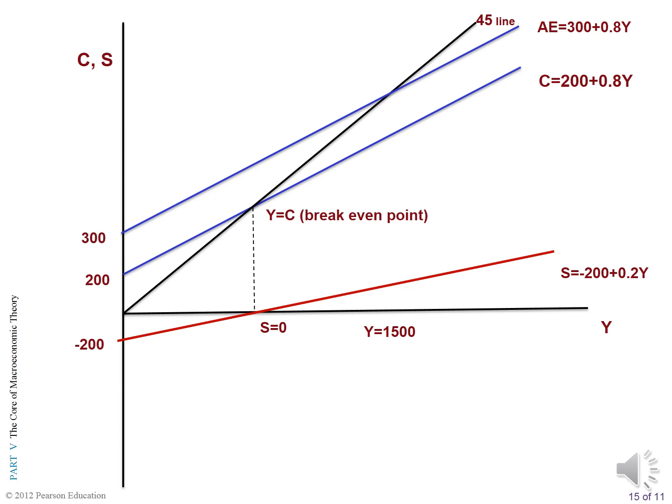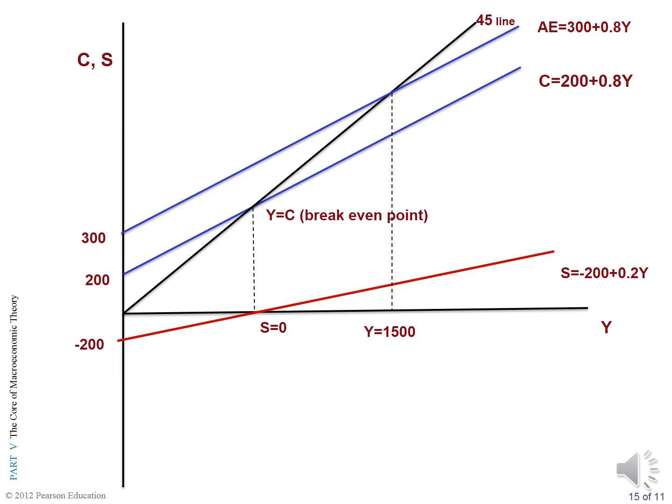It must begin from 300, because 200 plus 100 investment, so it's 300 plus 0.8Y. Notice that the slope of the aggregate expenditure function is the same as the slope of the consumption function, which is the marginal propensity to consume. The difference between them is in the autonomous part, which is the investment of 100.